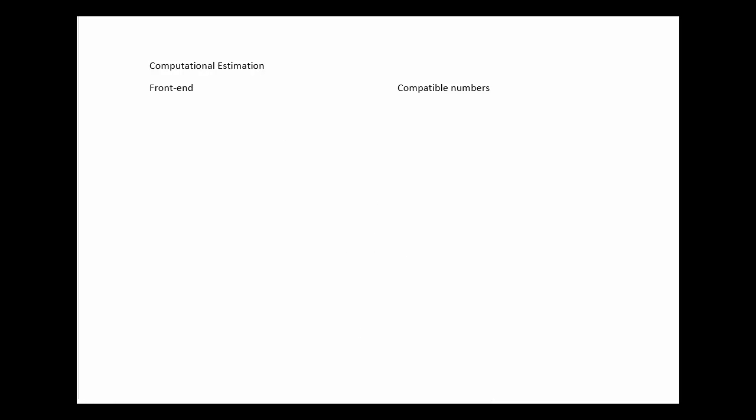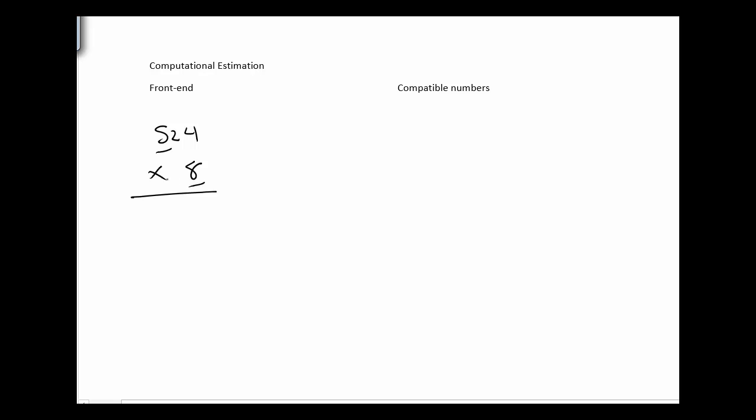Okay, so the last thing in this section are just computational estimation techniques, ways to check that maybe you got your answer right or at least you're close. So front end, let me give us something that we can adjust this with. Front end estimation is, again, you're focusing on the front end of the numbers as you create your estimate.